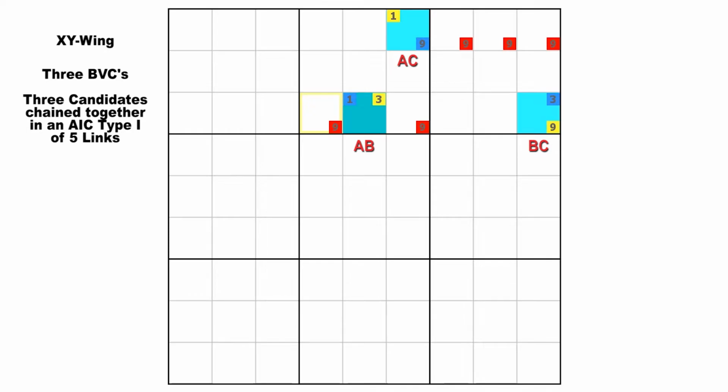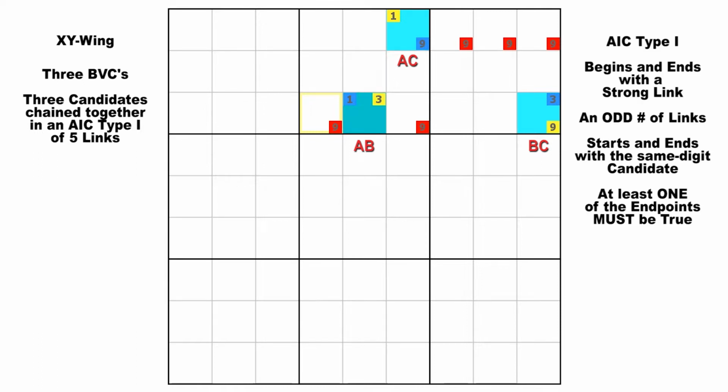If you remember from video number 23, an XY wing is composed of 3 bi-value cells, and the 6 candidates in those 3 cells are connected by an open-ended AIC of exactly 5 links, like this. Strong, weak, strong, weak, strong.